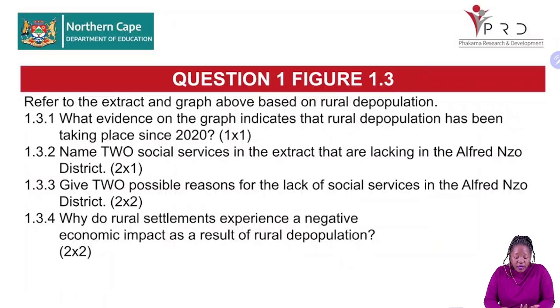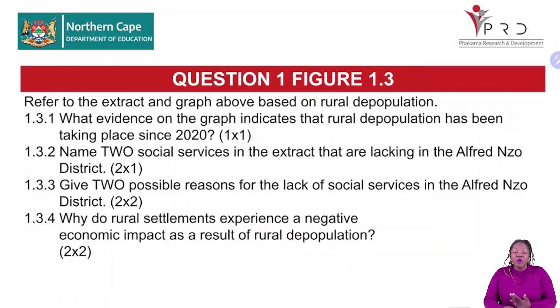Here we are looking at the 2 social services in the extract that are lacking in the Alfred Nzo district. And then the third question: give 2 possible reasons for the lack of social services in the Alfred Nzo district, 2 times 2. And then number 4: why do rural settlements experience a negative economic impact as a result of rural depopulation?